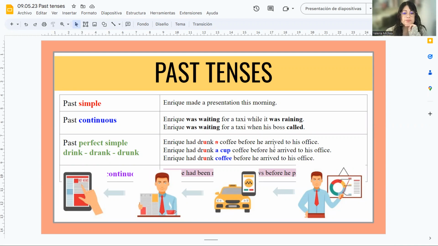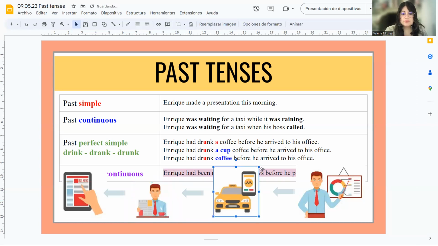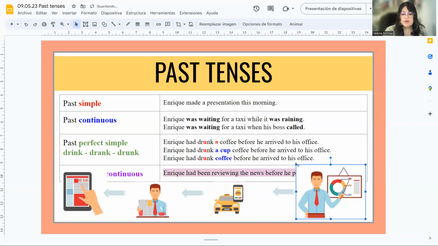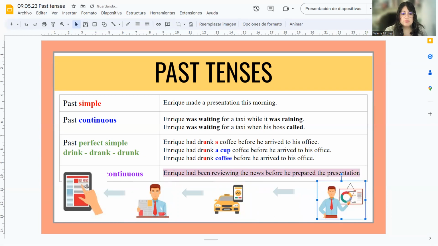And another thing that we have is that Enrique had drunk coffee before he arrived at his office, right? So he had drunk coffee. He had breakfast also, we can say. Let me make this a little smaller so we can see the last one. And finally, we have the last image narrated here, which is that Enrique had been reviewing the news before he prepared the presentation, right?